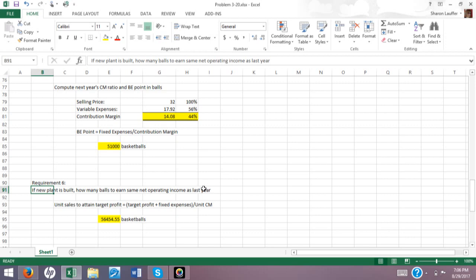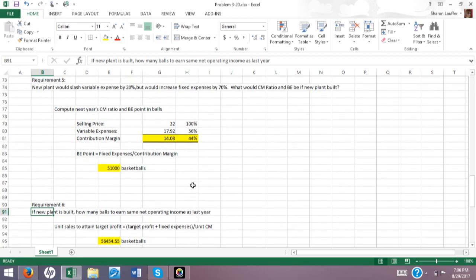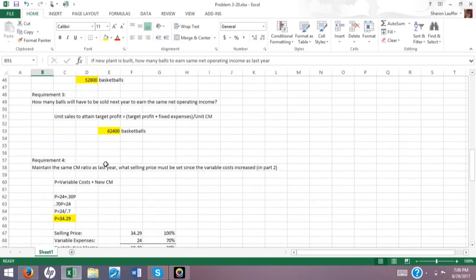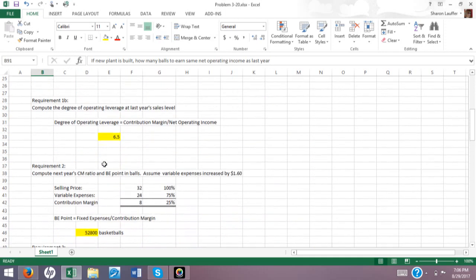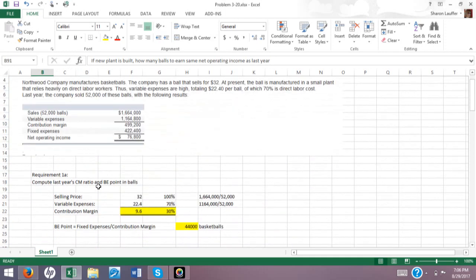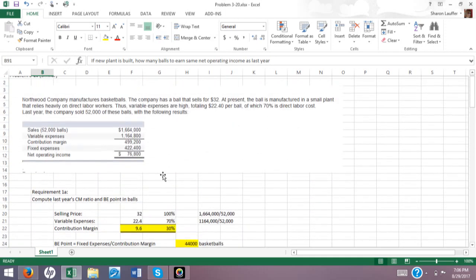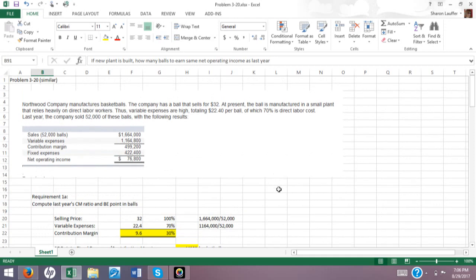So yours will be different numbers. You'll have to take that out. You don't have to write in all of these questions. You can just put requirement 5 and then do it if you want to do it that way, just as long as I can find your answers. You don't have to highlight, but if you do, I can find them a little easier. So anyway, this is problem 3-20, similar to your homework. Please let me know if you have any questions.